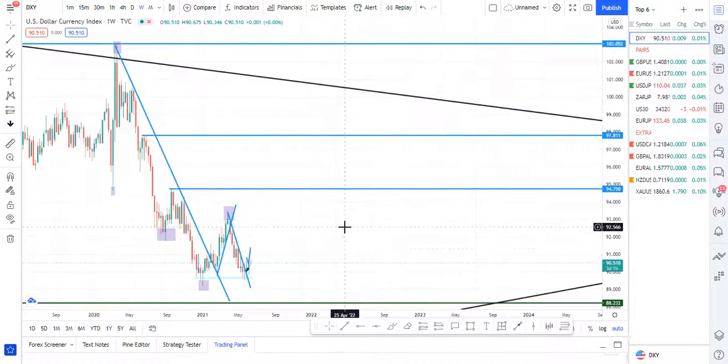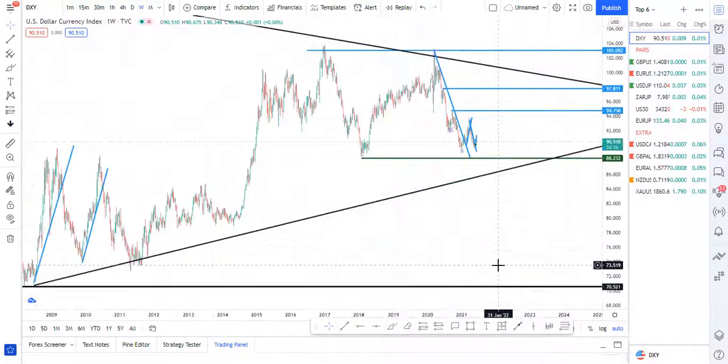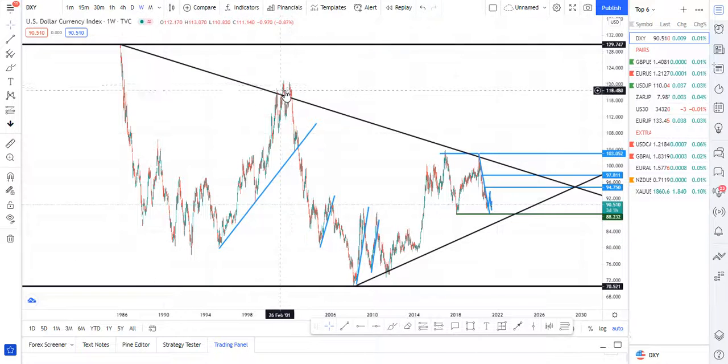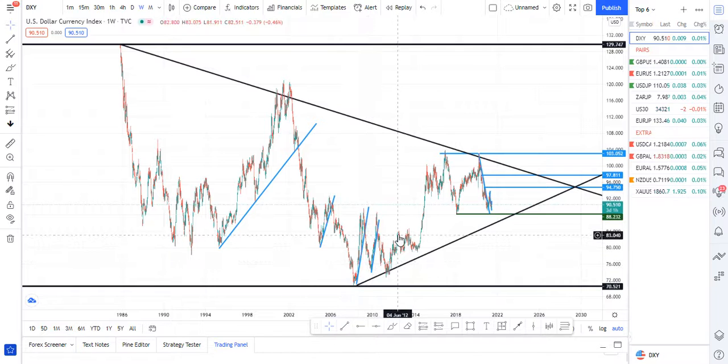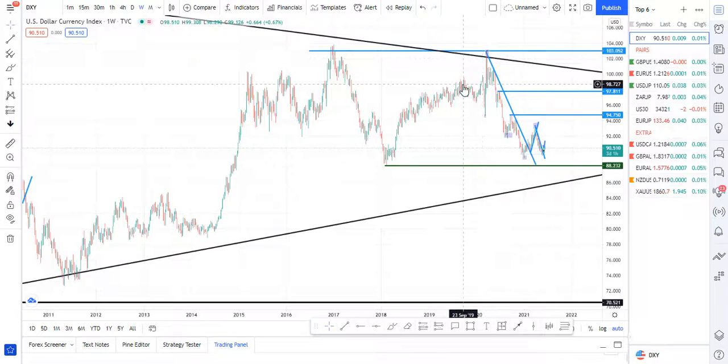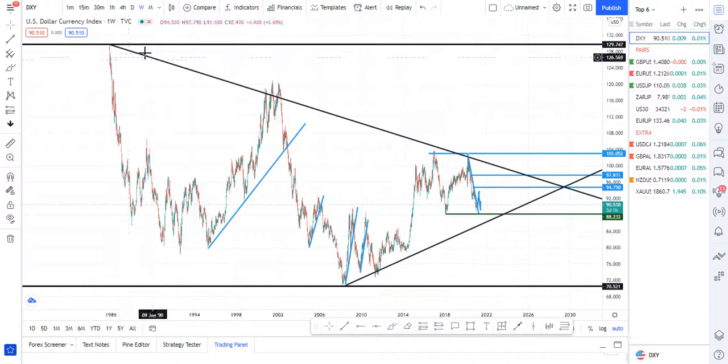So DXY, I'm just starting here. Looking at what has been happening, the dollar has been going down, then it went up, gained some strength, then it came down again, then it kept on going up since it touched this bottom in '08. It's been going up, going up, and in January 2020, as you can see here, it touched that line from the high to the low, and it respected it.